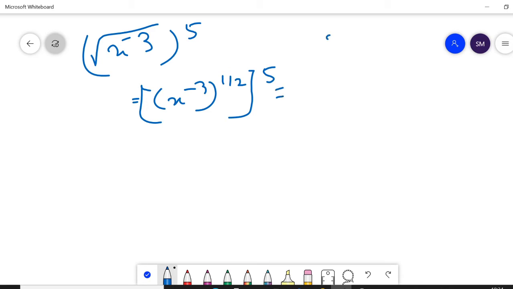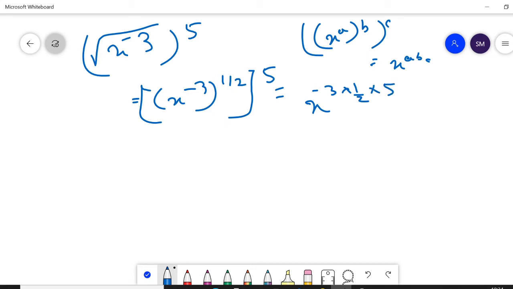What I have told you before: x to the power a, whole to the power b, whole to the power c, the exponents are multiplied. Then here x to the power minus 3 into half into 5. Then what do we get? x to the power minus 15 by 2.